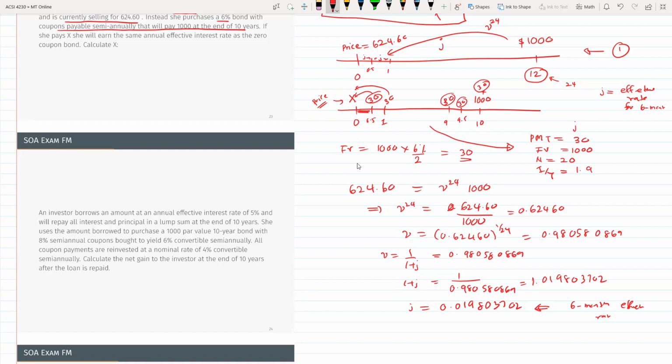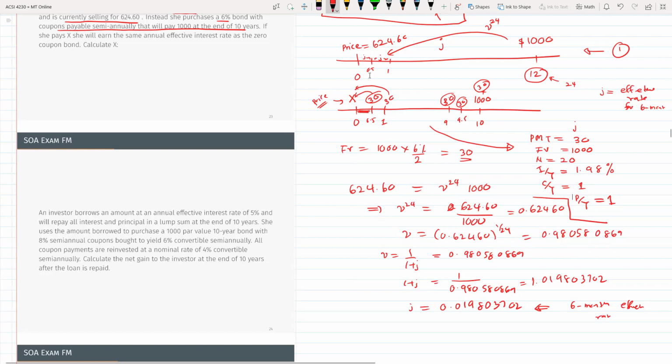So I/Y is 1.98. I leave it like that. Then compounding per year, if I use 6 months, should be 1, and the payment per year is 1. If you know the nominal rate for 1 year, then you can change it to compounding per year 2 and payment per year 2. But since this is 6 months, I had to leave it as 1.